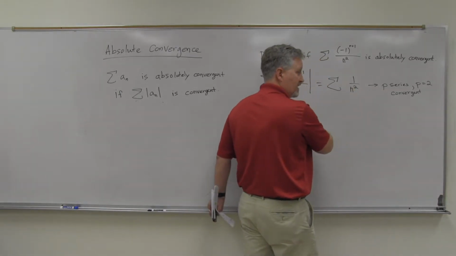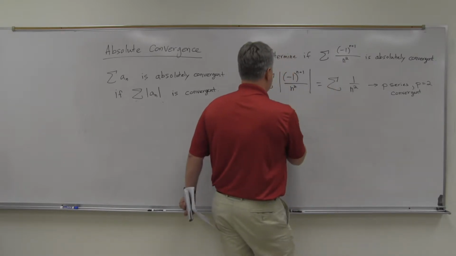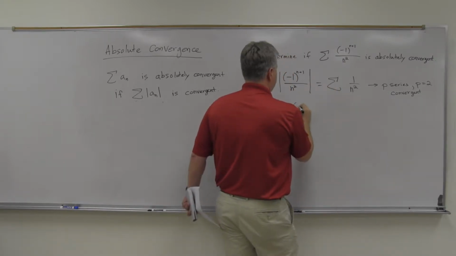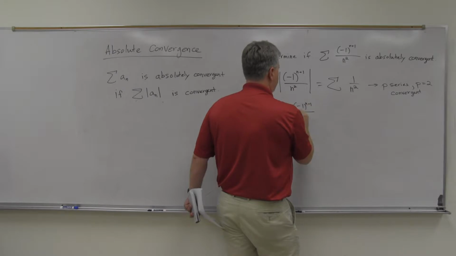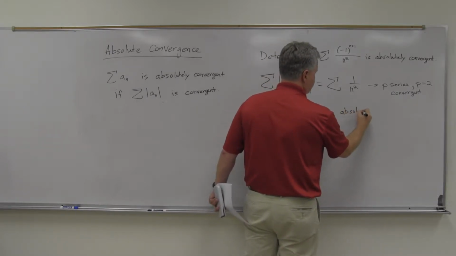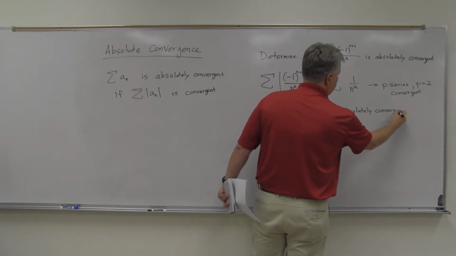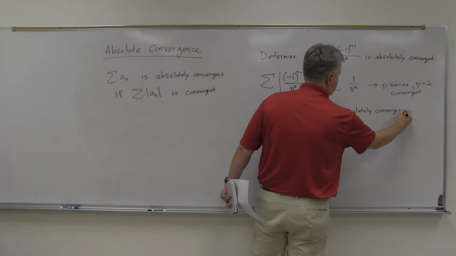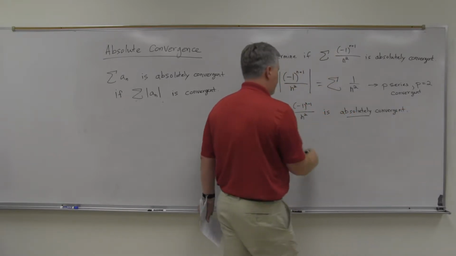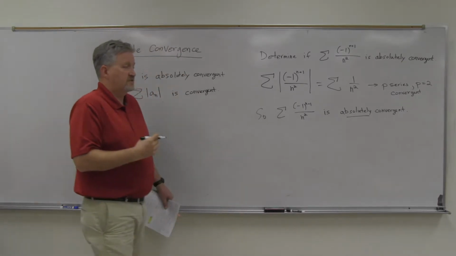Well, if the absolute value series converges, then what do we know about the series itself? So (-1)^(n+1) over n squared is absolutely convergent. And again, like I said, that's stronger than just saying it's convergent.